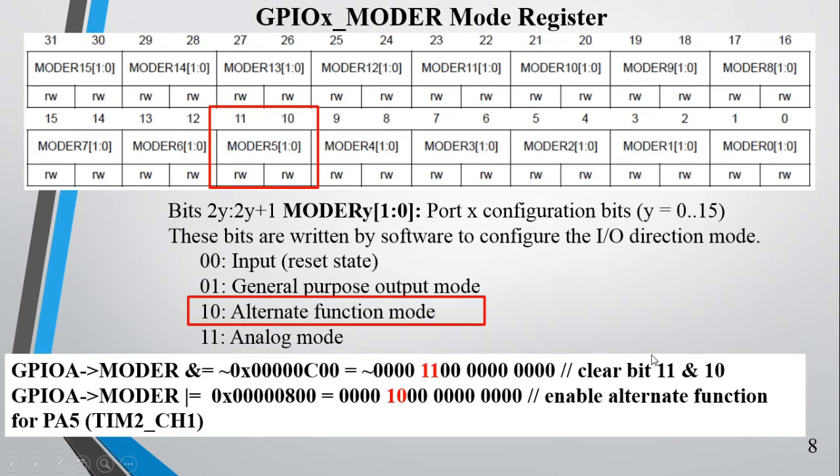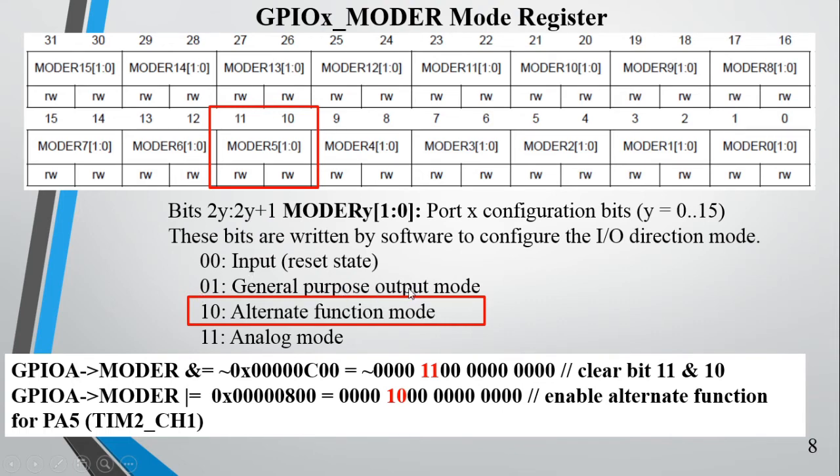Since I need to configure PA5 as timer 2 channel 1, bit number 10 and 11 should be used. PA5 is represented here directly, MODER5. That means these 2 bits are used for configuring the mode of PA5. If you write these 2 bits as 0, 0, PA5 will be configured as input; 0, 1, it will be configured as output.